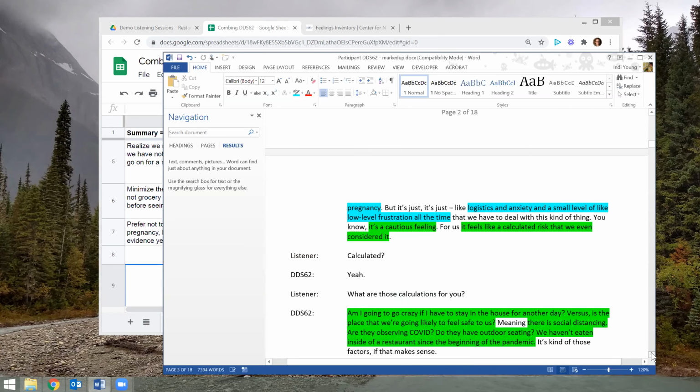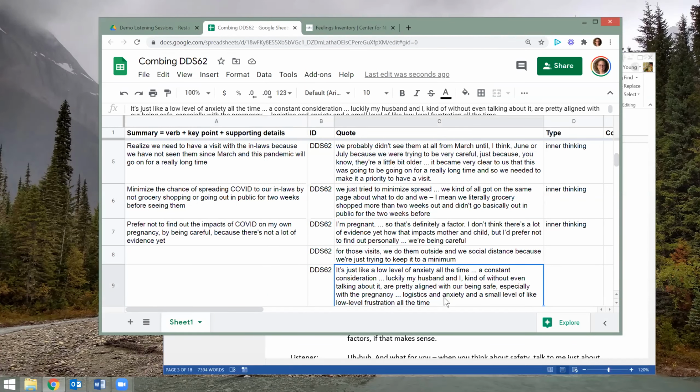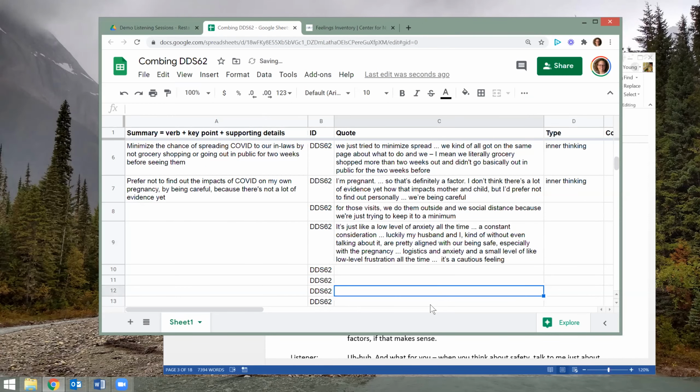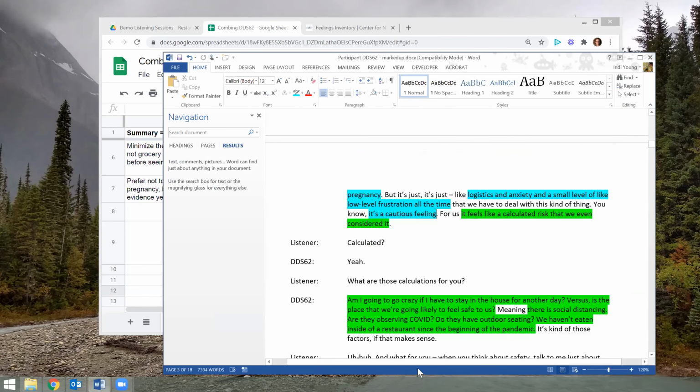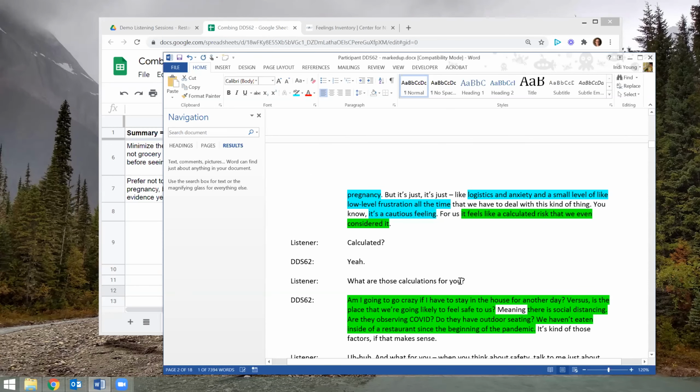Feels like a calculated risk that we, okay, so it's a cautious feeling belongs to this, but the calculated risk goes elsewhere because it's tied to that place in time, I believe, of the visit to the in-laws. So it feels like a calculated risk that we even considered it. Yeah, so this was the excursion. So that's what the it is.